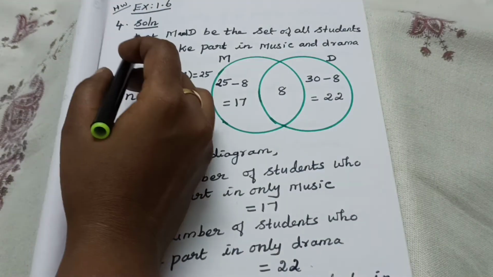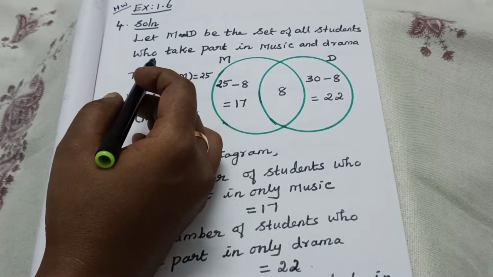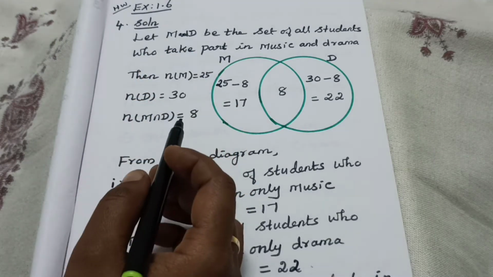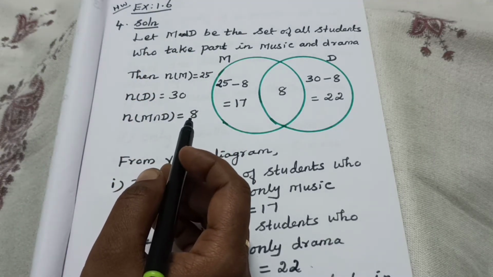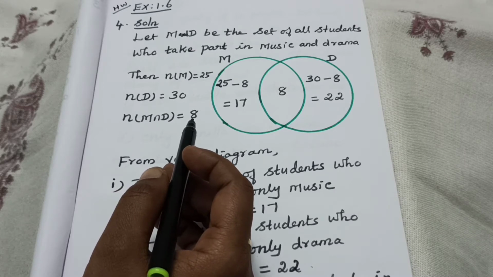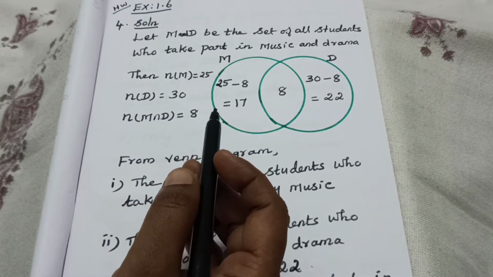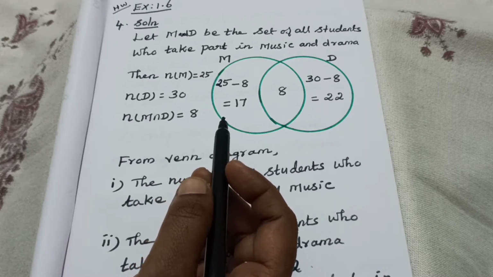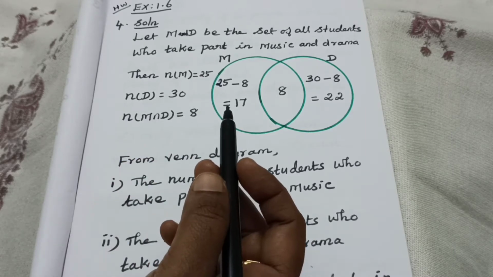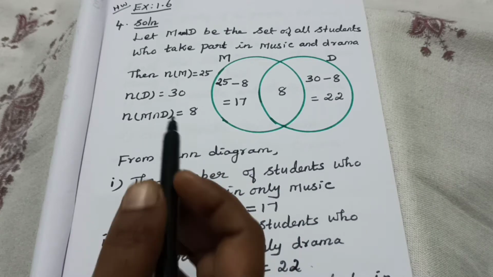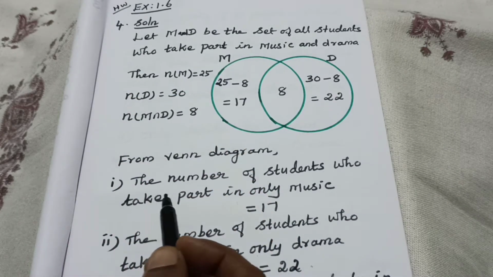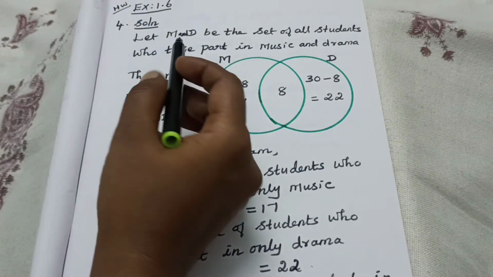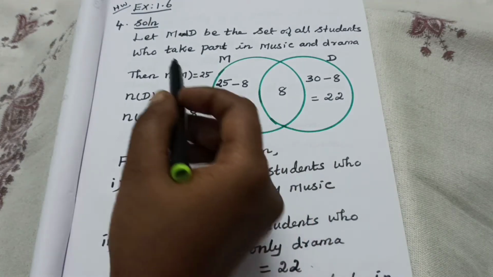Next, take the fourth sum. In a class, all students take part in either music or drama or both. 25 take part in music, 30 students take part in drama, and 8 students take part in both music and drama. Three questions, three subdivisions are given here. Take the fourth question and check the answers.